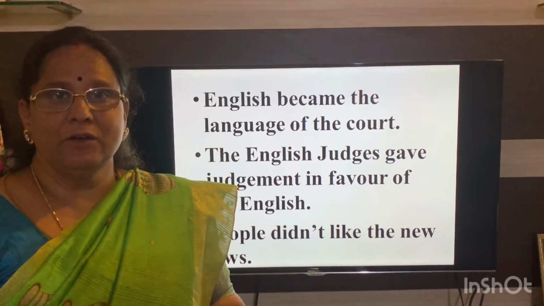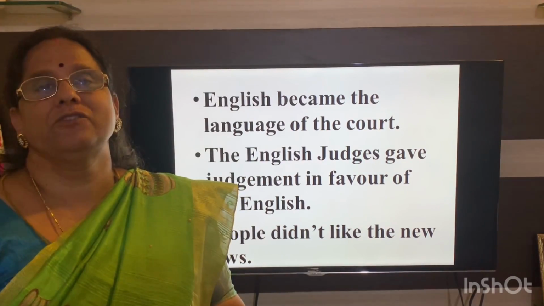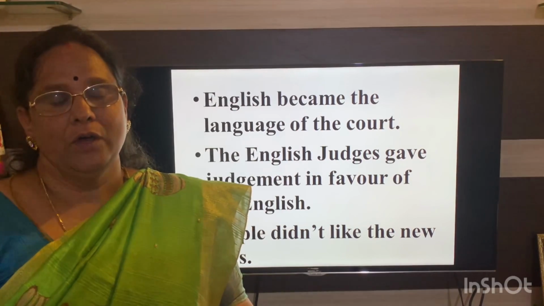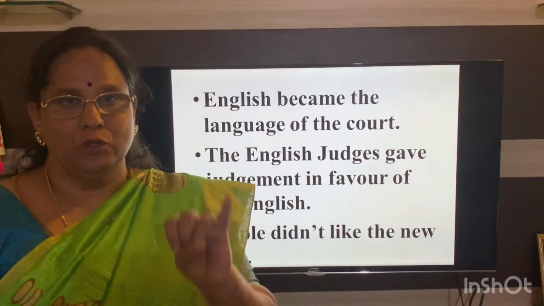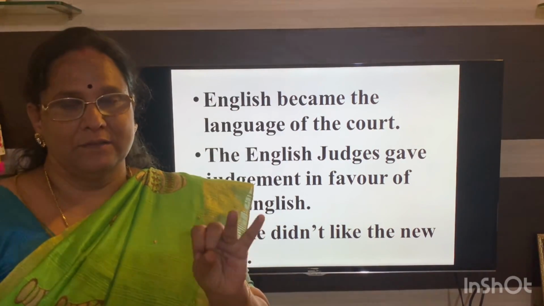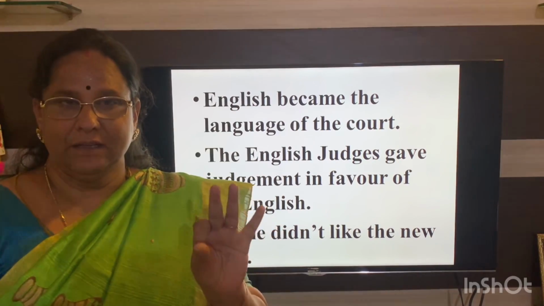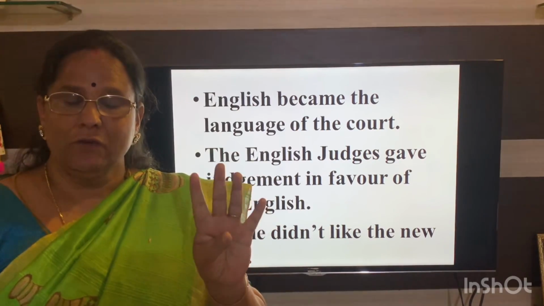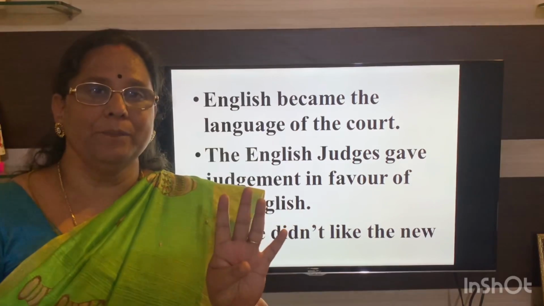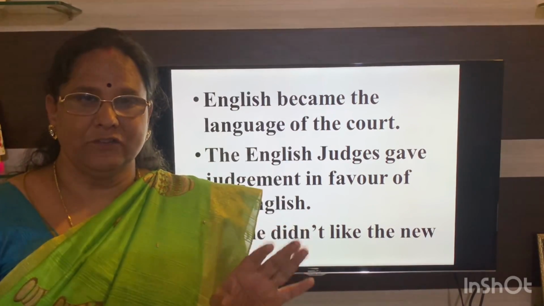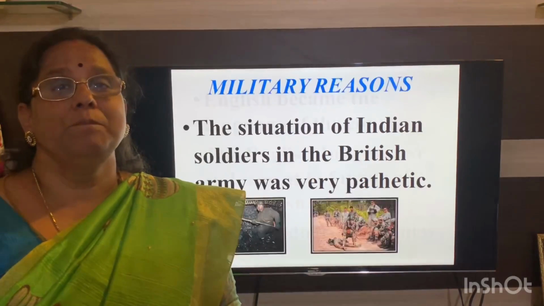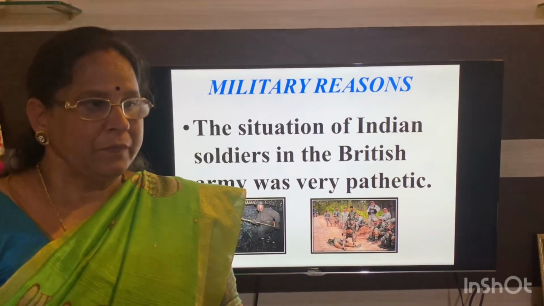So people did not like this implementation of the new law. So remember here: two laws, first point. Second, partiality. Third, English language. Fourth, European judges. Is that clear, children?